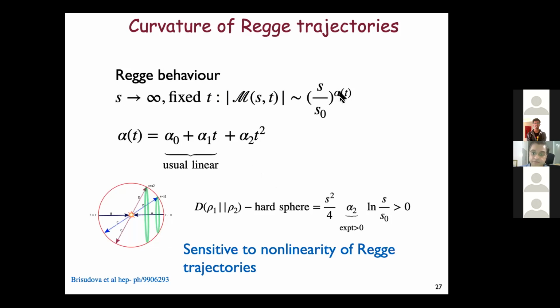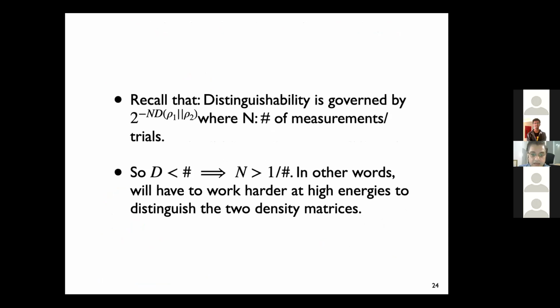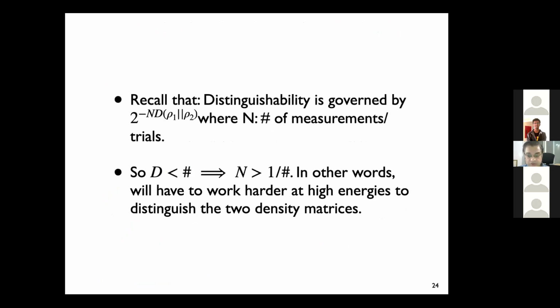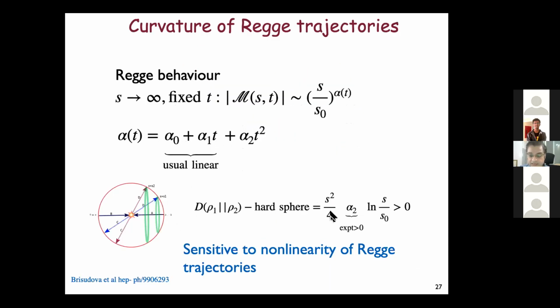suppose you use this formula inside the formula for the relative entropy, you would find that dq takes on this form, which essentially means that dq is directly proportional to this alpha 2. And it takes a bit of thought that in the high energy limits, we know that in the large energy regime, dq actually is a positive number, which essentially means that this alpha 2 should also be positive.